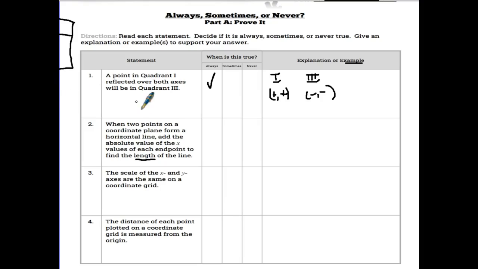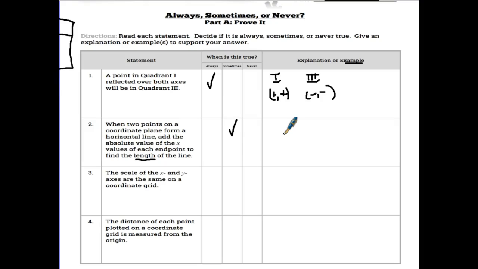Okay. Well, always true would not be the case in this point. Sometimes true would be the better answer. If you want to find the length of a horizontal line with endpoints that are in different quadrants, the absolute value of the x value of each endpoint is added.